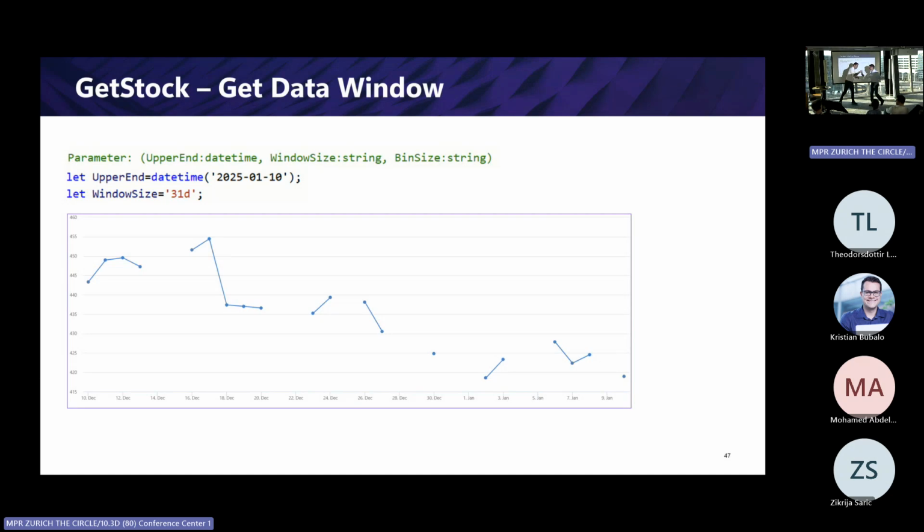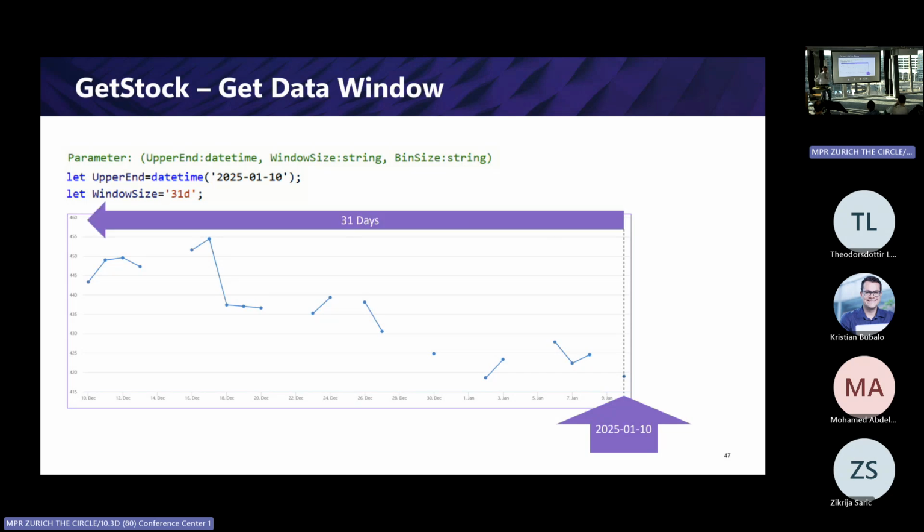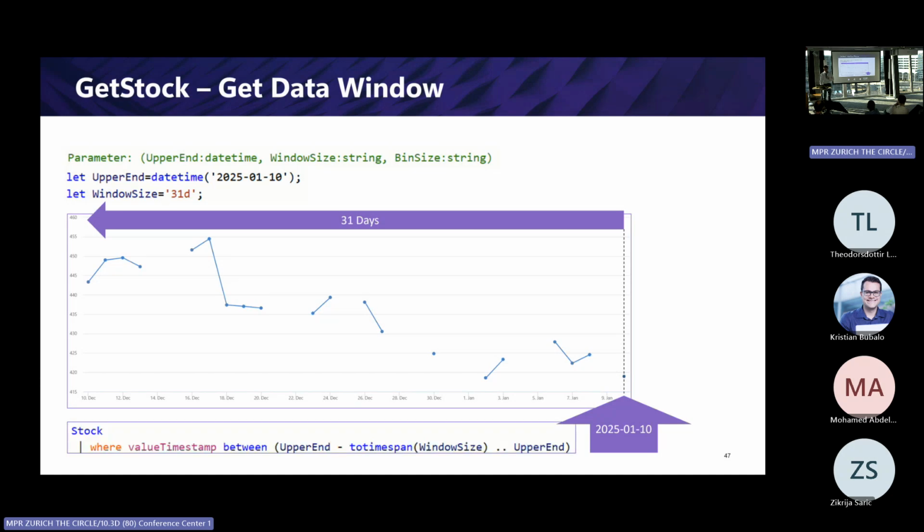Okay, it's your turn. Now explaining exactly what we are doing with the missing data points a little bit more in detail, and that time window. So the time window is the upper end. Then we have the window size, how far back, and the binning information, how much aggregation should be done.